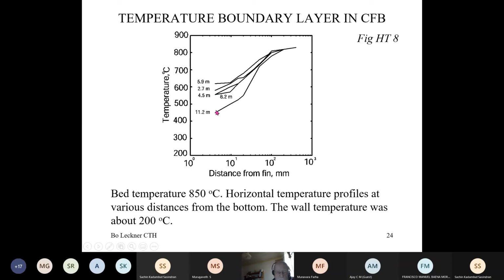But then there's a jump from here down to 200. I think this is the gas gap, because the heat transfer in gas is much less, and that gas film close to the wall is an insulation. So the jump in temperature is higher in the gas gap than in a particle suspension in the wall layer.